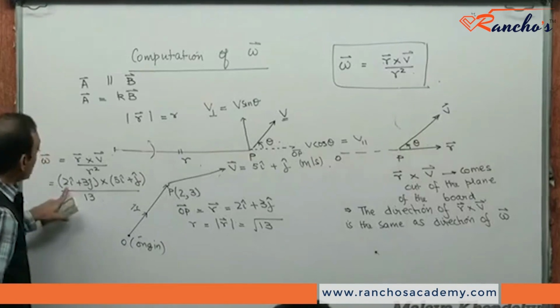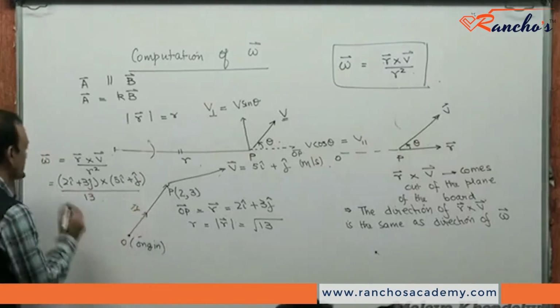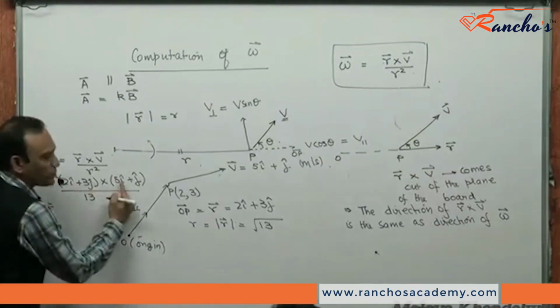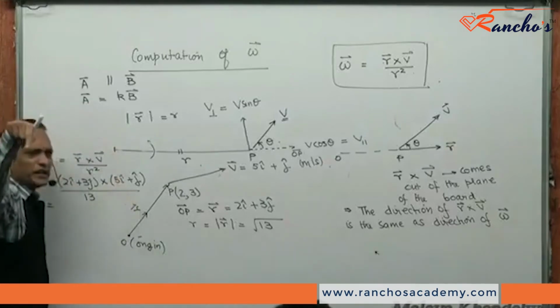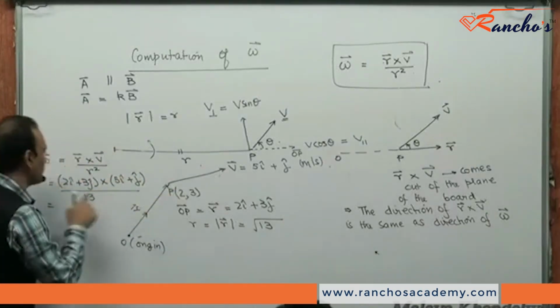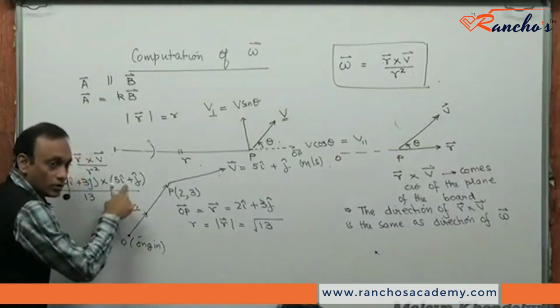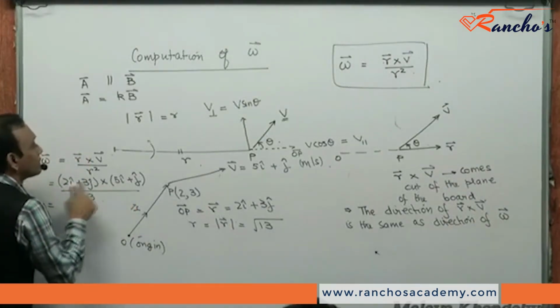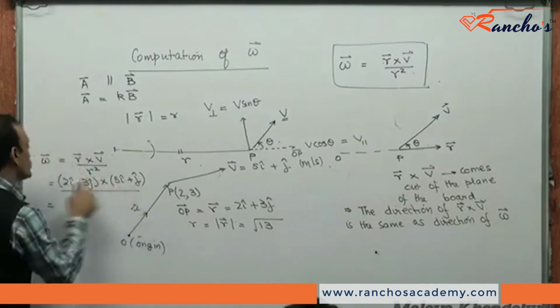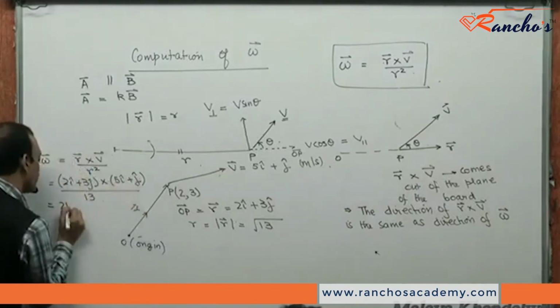Now, I can perform this cross product. So i cap cross i cap is 0. I cross j would be k, so we have 2k.